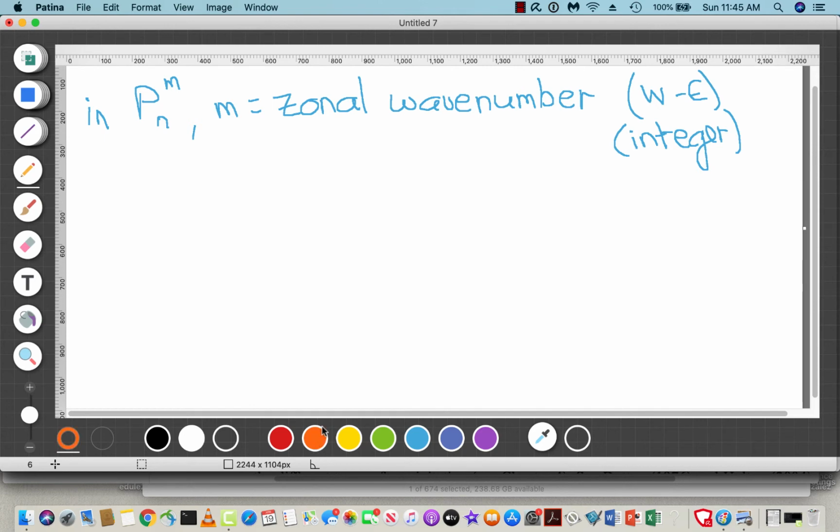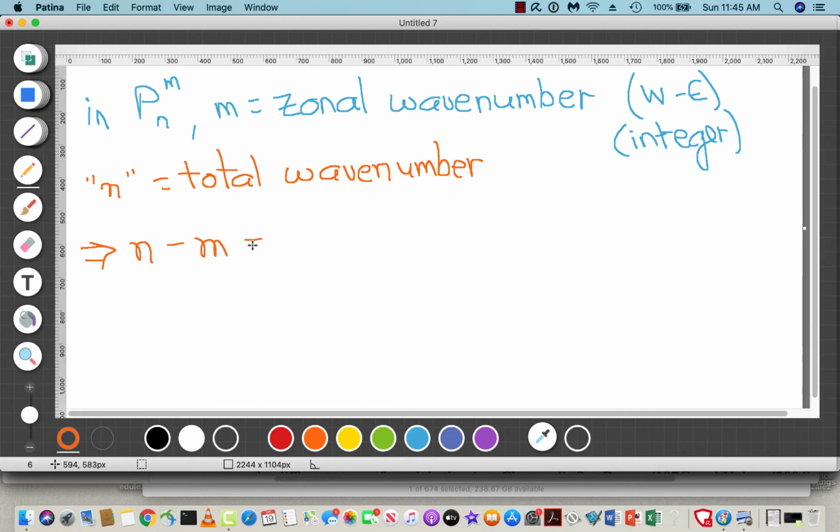Now, the quantity little n is called the total wave number. And so what that leaves is that n minus m is the north-south wave number.